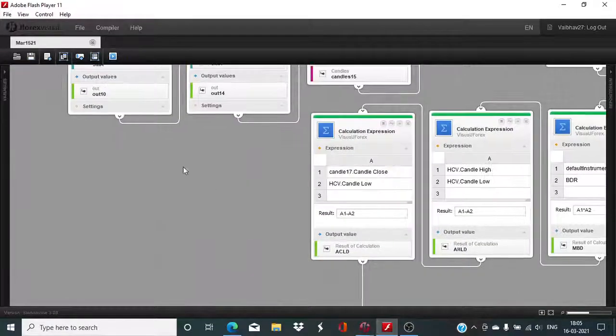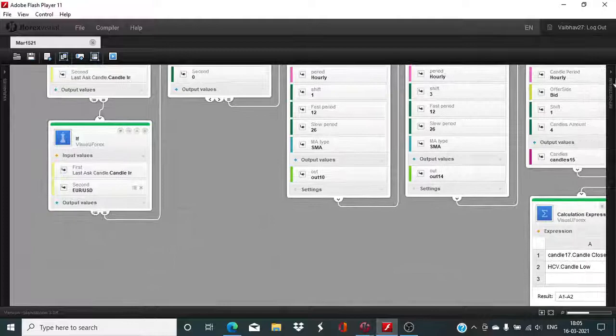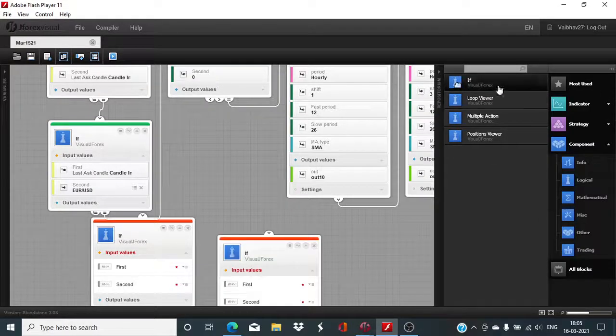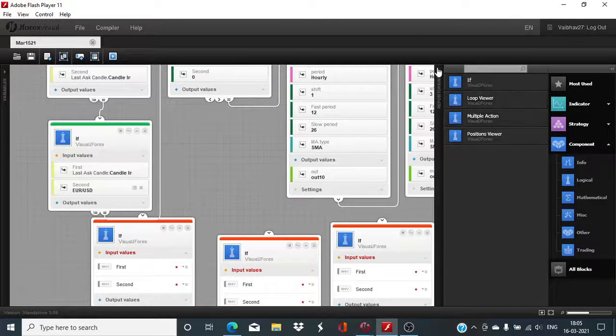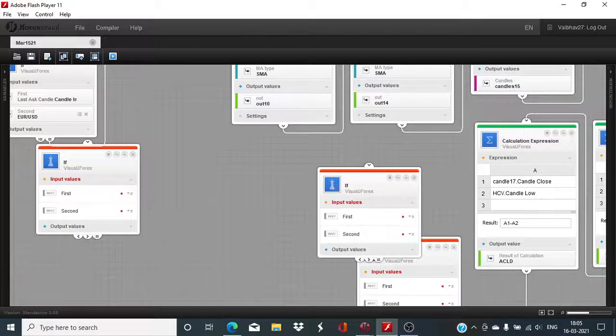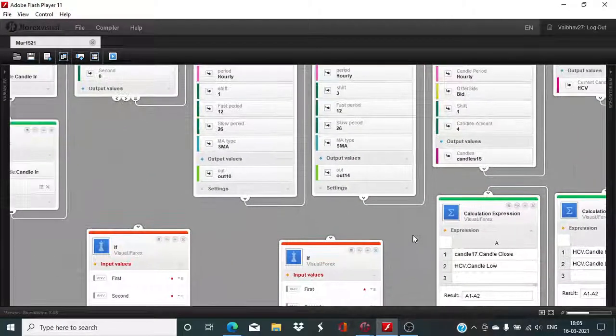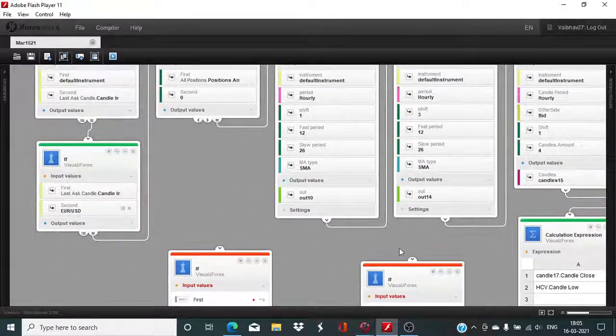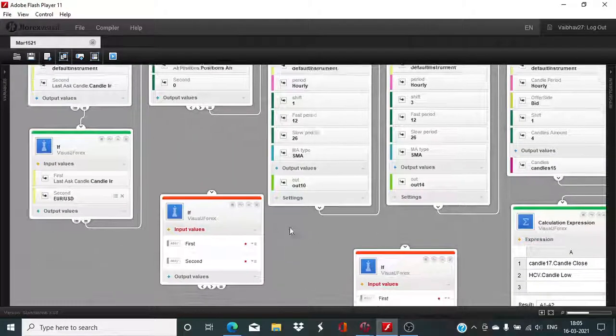Okay, now we will start adding these if else conditions. So for the buy trade to happen, we need the APO value for the last hour to be above 0.